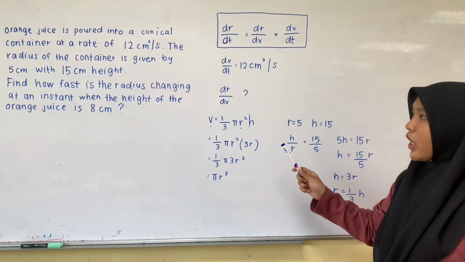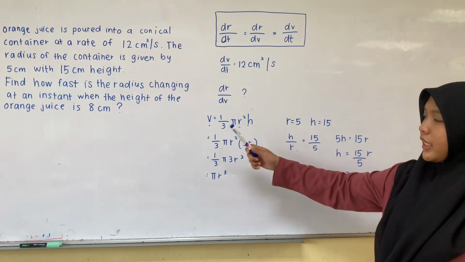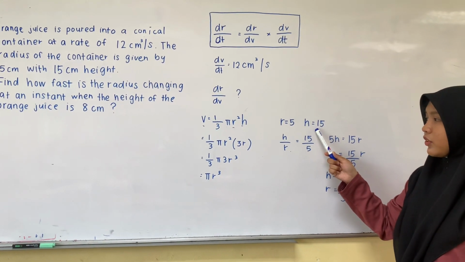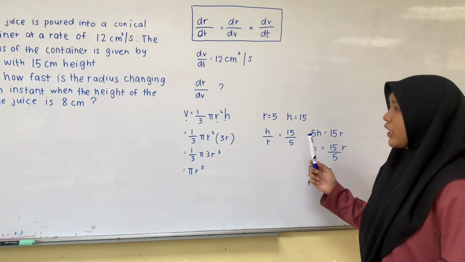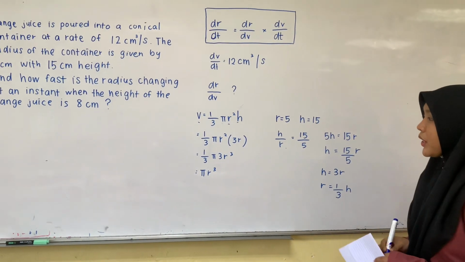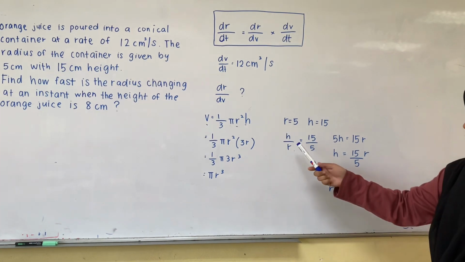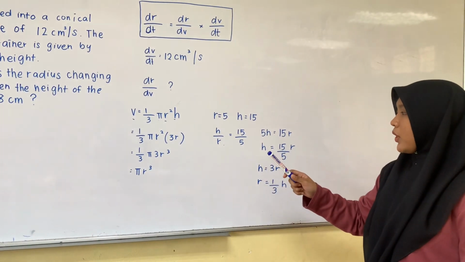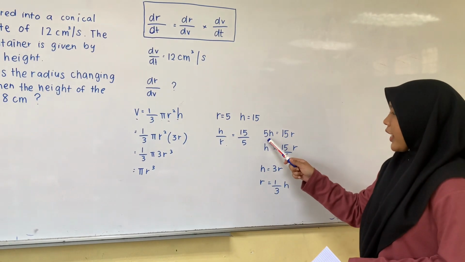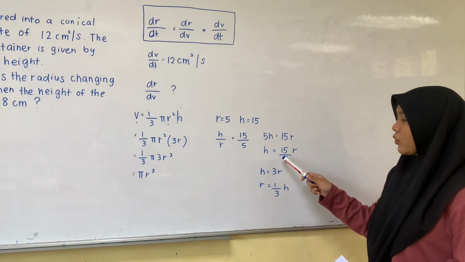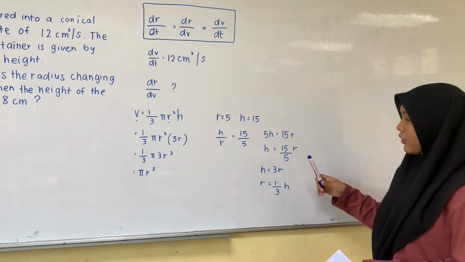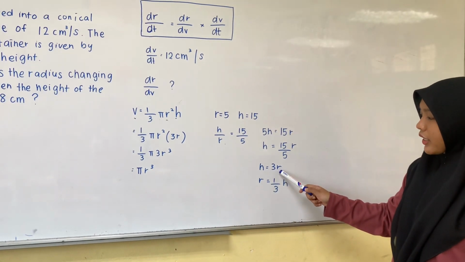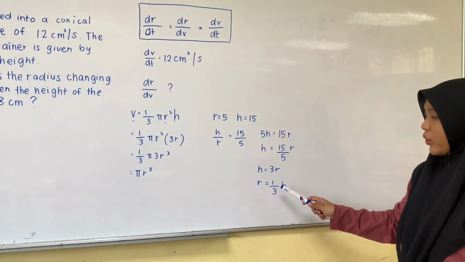That's why we are going to use the information given, which is r equals 5 and h equals 15, so that we can substitute into the equation. We have h over r equals 15 over 5. If you simplify it, you have h equals 15r over 5, and if you simplify it further, you have h equals 3r, and r equals 1 over 3h.